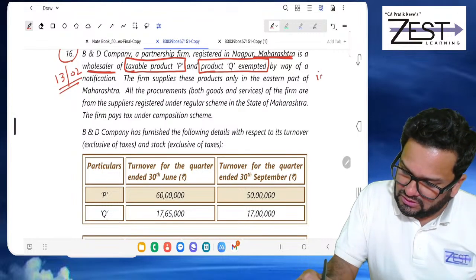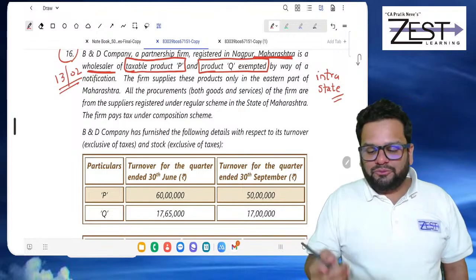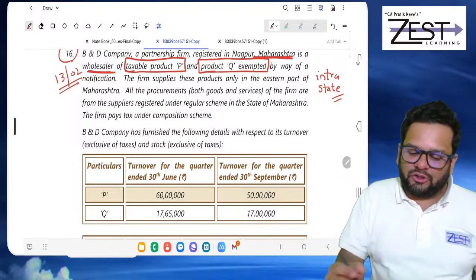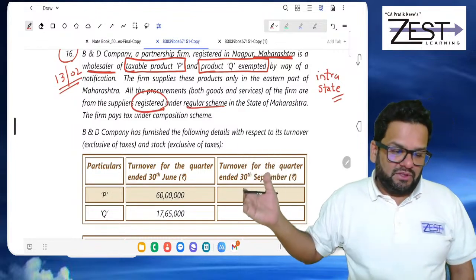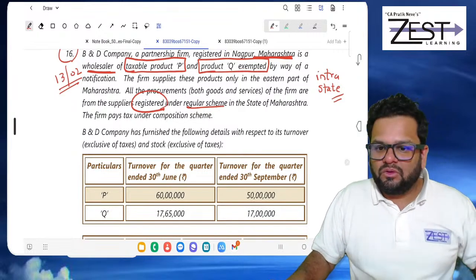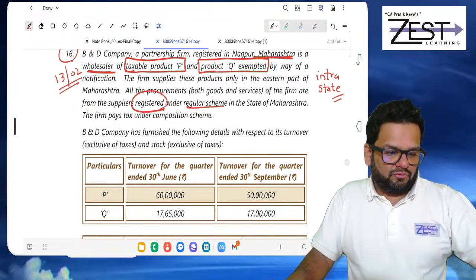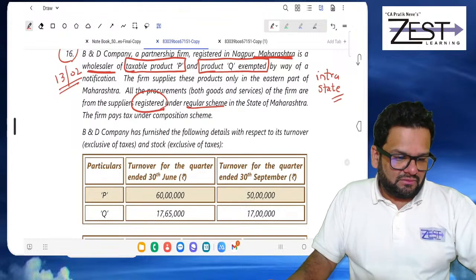In short, there is only intra-state supply done. All the procurements of the firm are from suppliers registered under the regular scheme. Means all purchases are from persons who have opted for section 9, who are paying tax as per section 9.